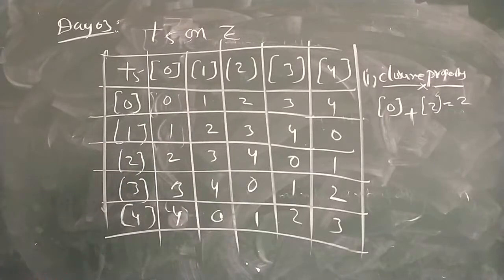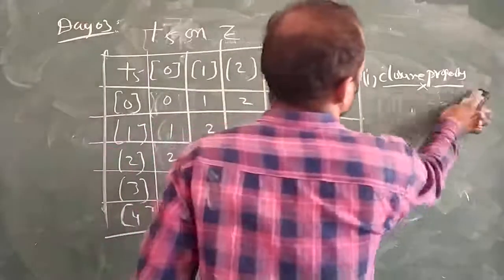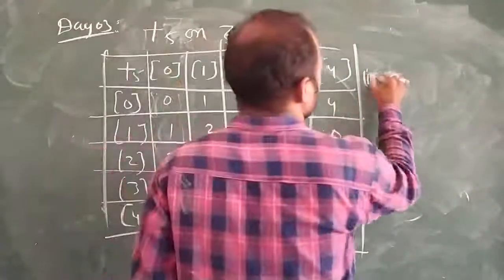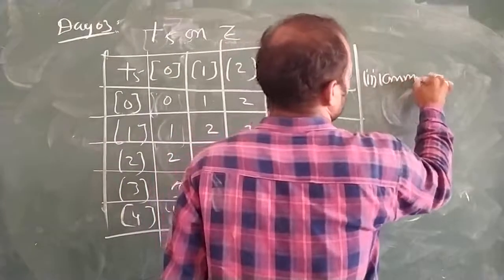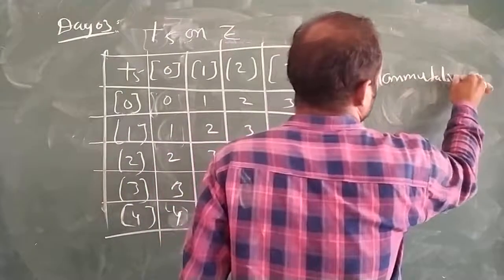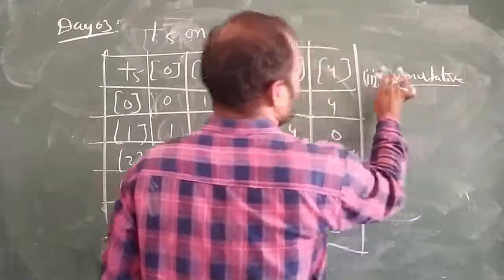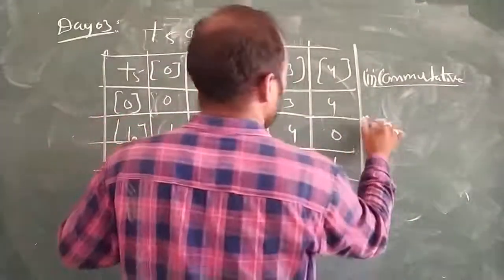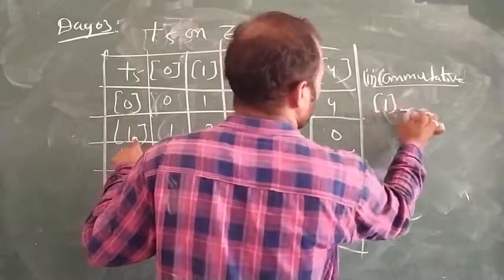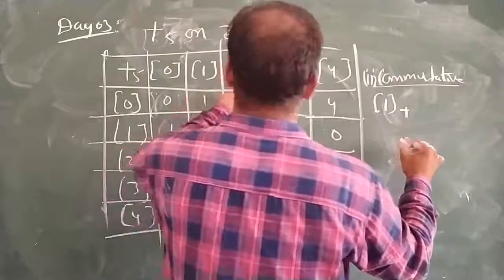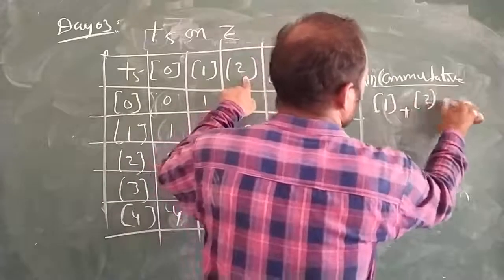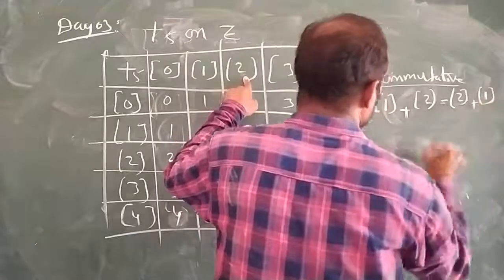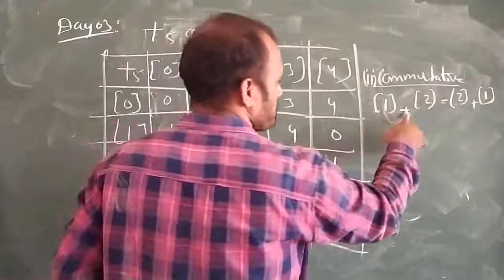Next, let us take the commutative property here. Commutative property states that we need to take anything here. I will take 1 modulus operation with 2 is equal to 2 modulus operation with 1.